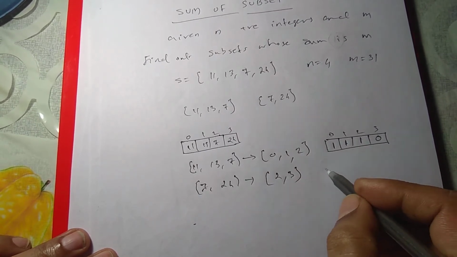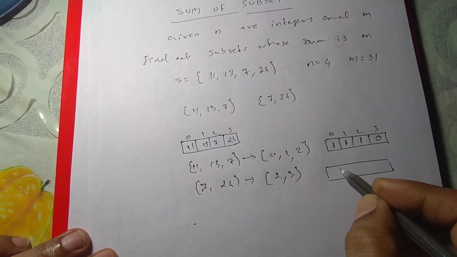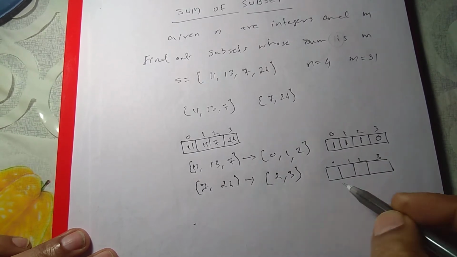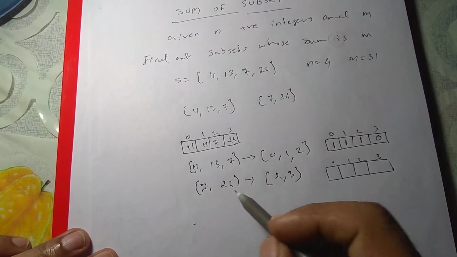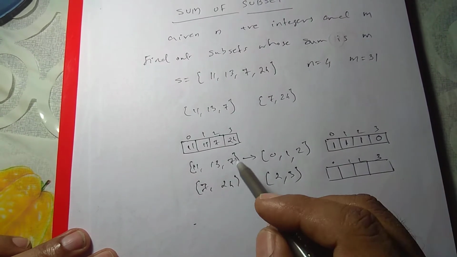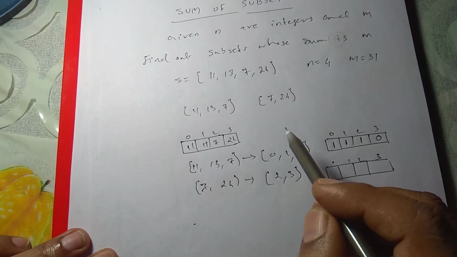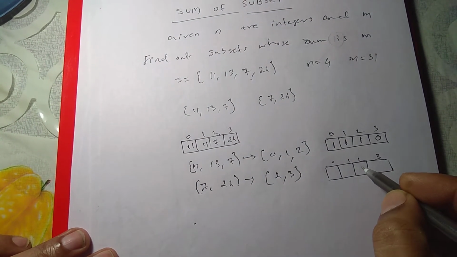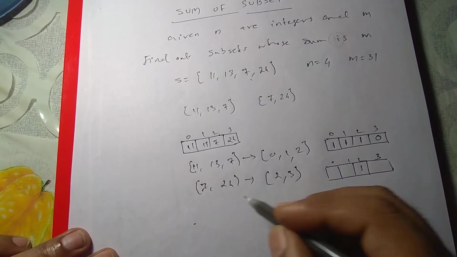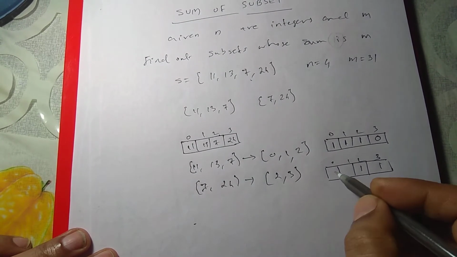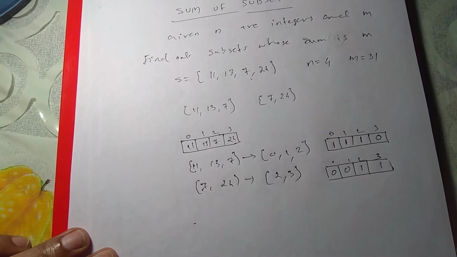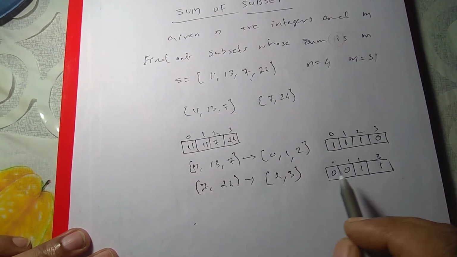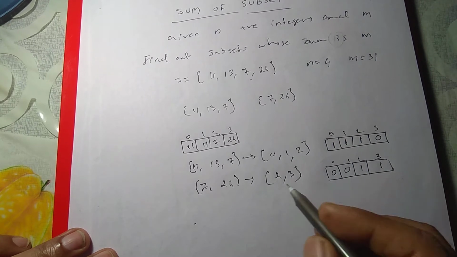Similarly, for 7, 24, the element with index 2 is used and the element with index 3 is used. Index 0 is not used, index 1 is not used. So in these ways we can represent the resultant subset.